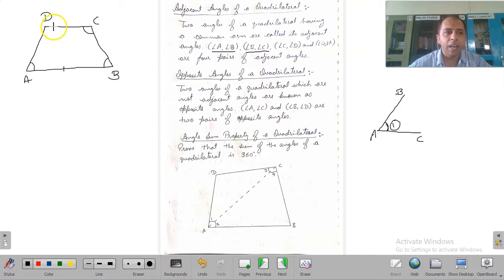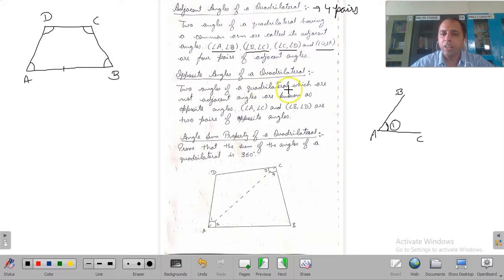Angle C and angle D are also adjacent angles. And angle D and angle A are also adjacent angles of a quadrilateral. So how many pairs of adjacent angles do we have in a quadrilateral? We have 4 pairs of adjacent angles. Then opposite angles of a quadrilateral.